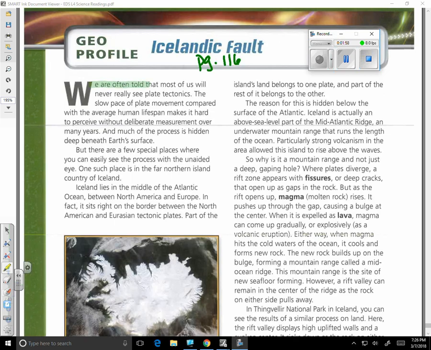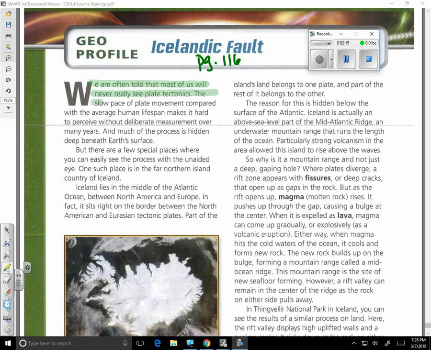We are often told that most of us will never really see plate tectonics.